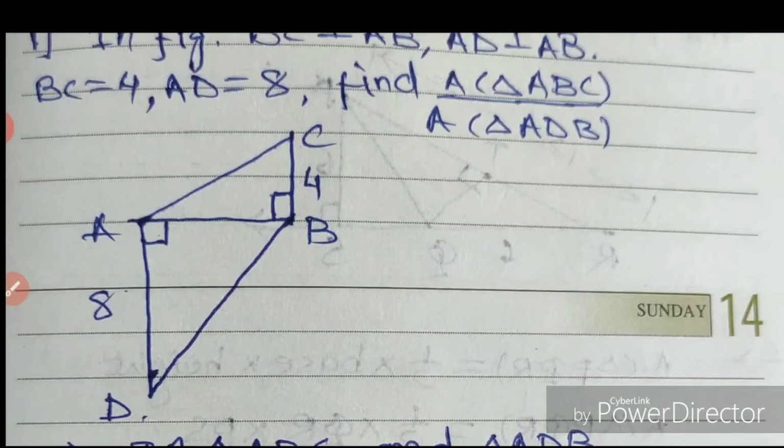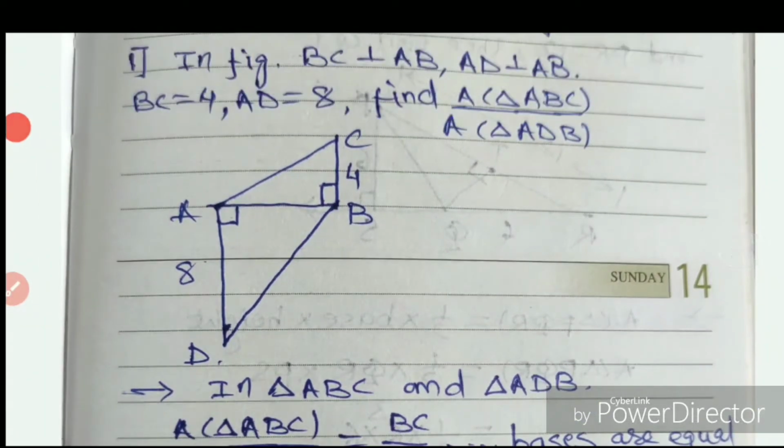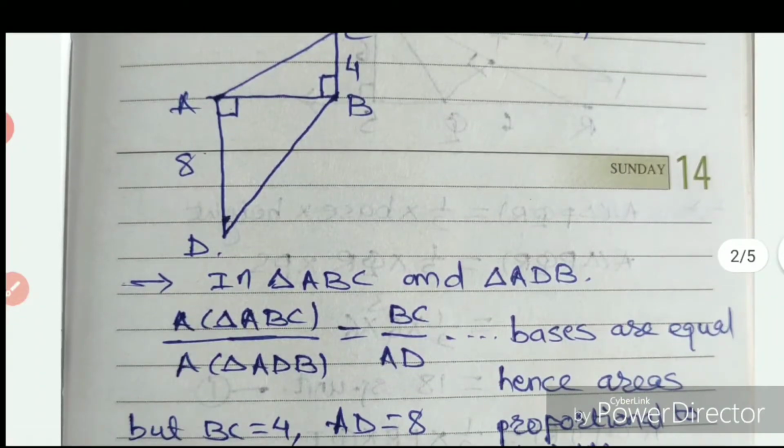That means these two triangles have equal bases and different heights. Therefore, by the property that the ratio of areas of two triangles with equal bases is equal to the ratio of their corresponding heights, area of triangle ABC divided by area of triangle ADB is equal to BC divided by AD.